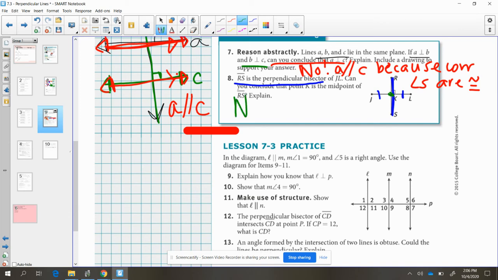The answer here is no. K is the midpoint of JL, but RS may or may not be getting cut in half. It just is the perpendicular bisector. So we would have to know that JL is also the perpendicular bisector of RS if we were going to truly mark that. Okay, so in this case, there's not enough information to be able to tell.